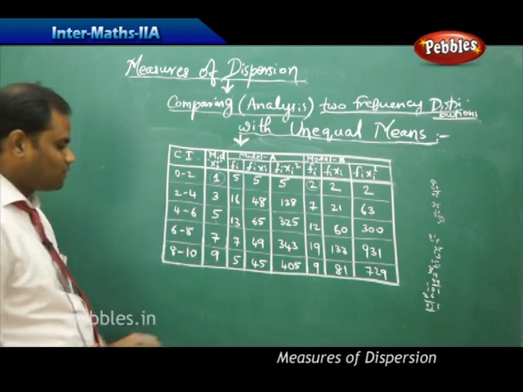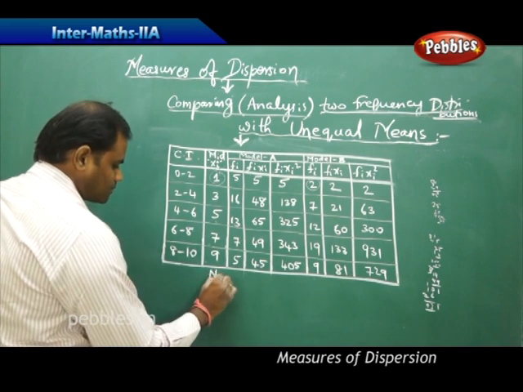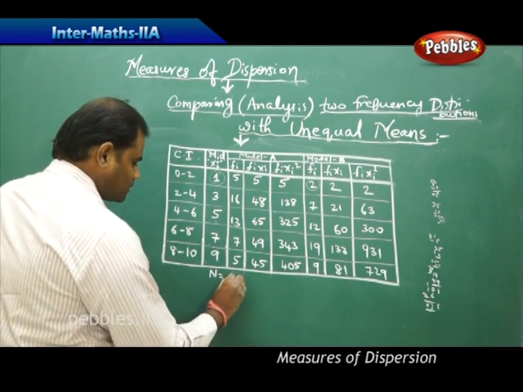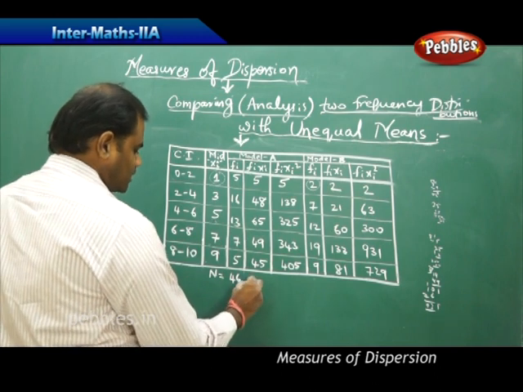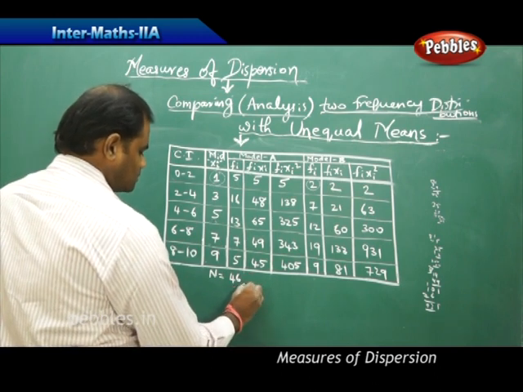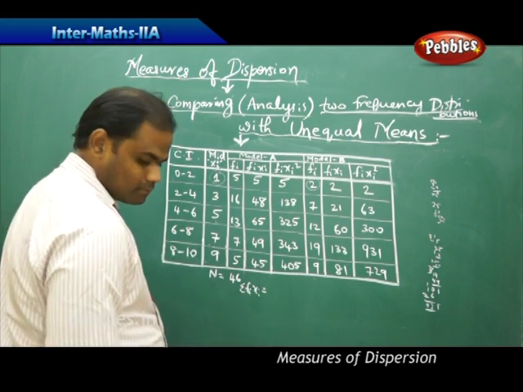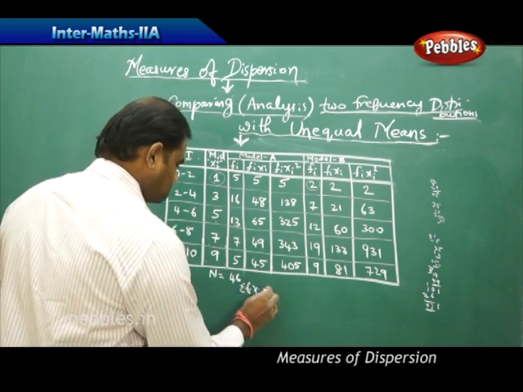Now let's find each n. Here my n is sigma fi, which on simplification gives me 46 for model A, and sigma fi xi on simplification gives me 212.